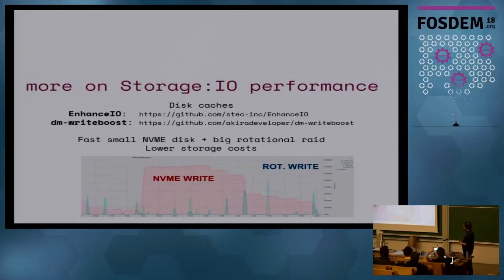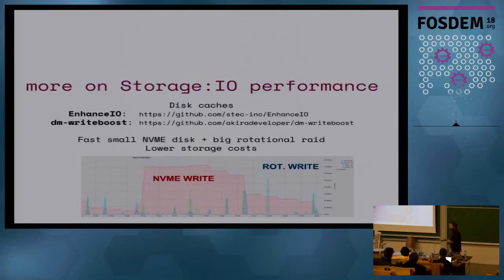And the other thing that we use to lower the budget is this cache. This cache, we have tried bcache and DM-writeboost. The first one is currently unmaintained, and we have changed to DM-writeboost.